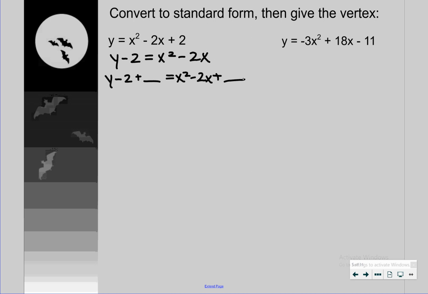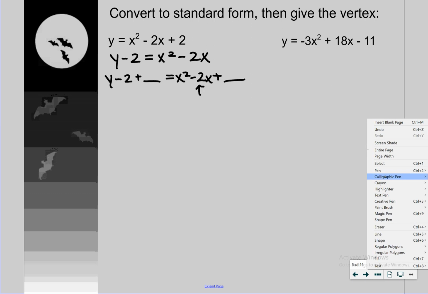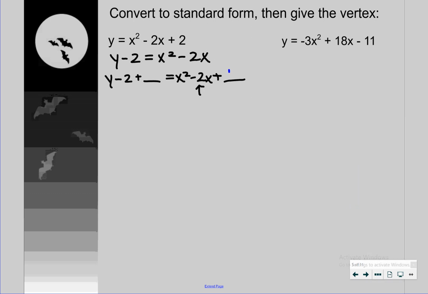Remember, to find that number, we half it, square it. Write that down in your margin somewhere if you want. Half it, square it is where this magic number is coming from. So if I take negative 2, the number in front of the x is the one we're using. Half of it is negative 1, square it, 1. Okay, so I'm going to add 1 to both sides.